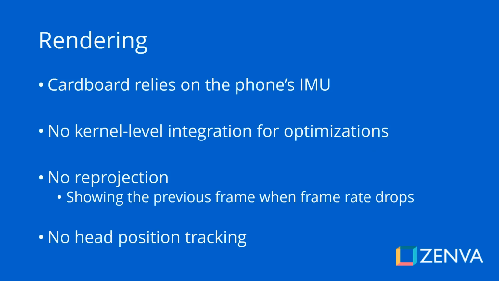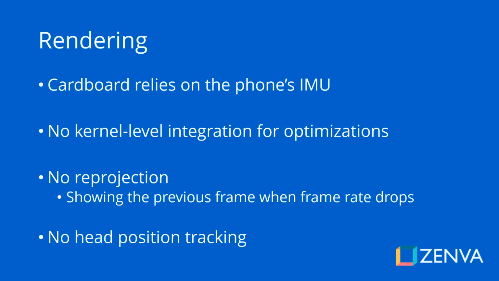In virtual reality experiences, the sensor in charge of measuring where you're looking in the game, basically the angle of your head and its acceleration, is called an IMU, which is an inertial measurement unit. And when it comes to Google Cardboard, you are relying entirely on your phone's IMU.